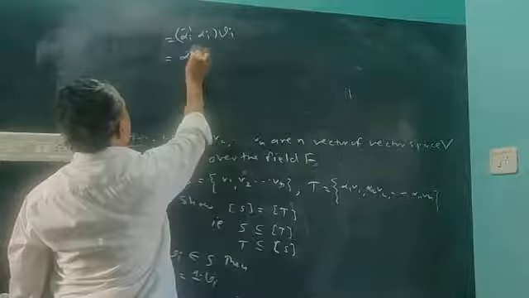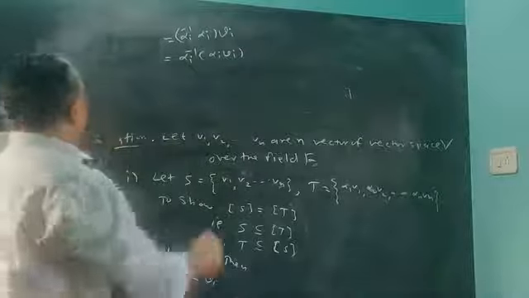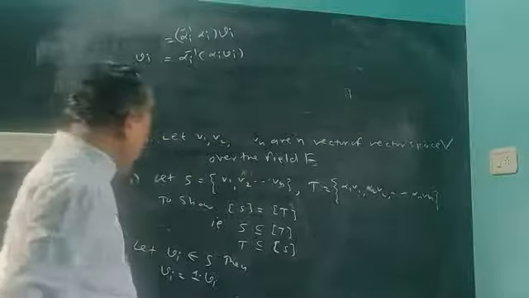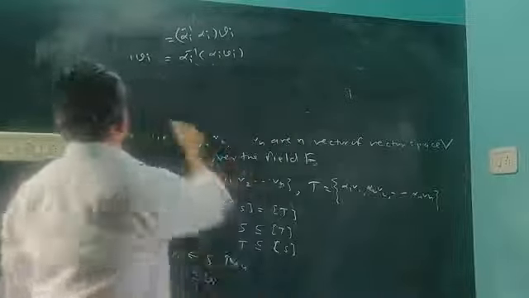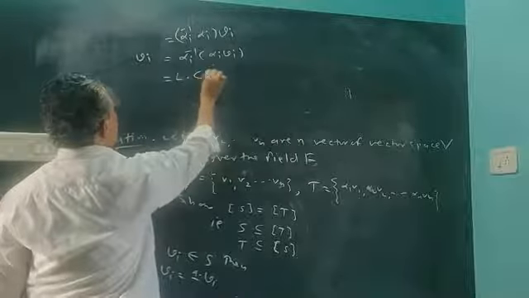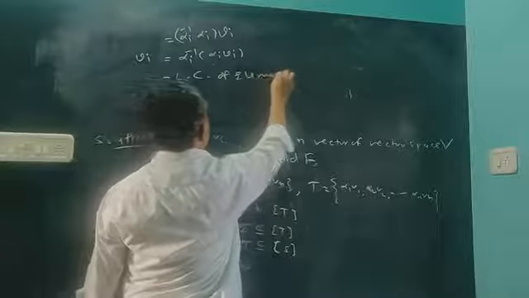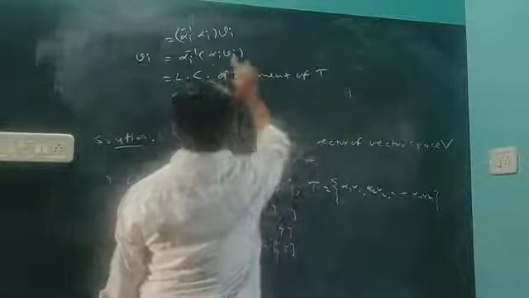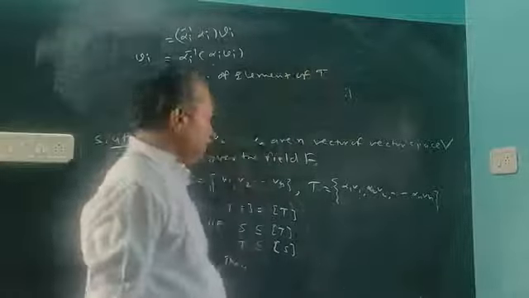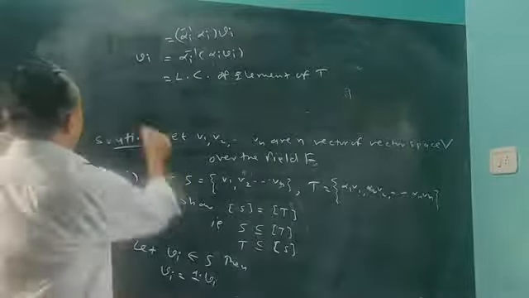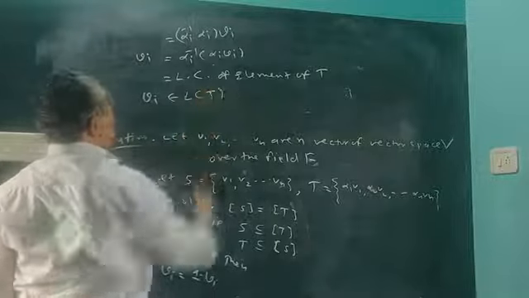This is the same as alpha I inverse into alpha I Vi, alpha I Vi, an element of T. So this we can say is a linear combination of vectors of T, or elements of T. Means Vi is an element of the span of T.